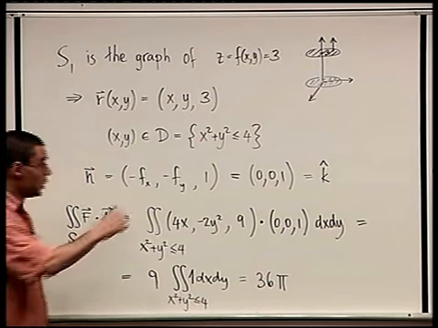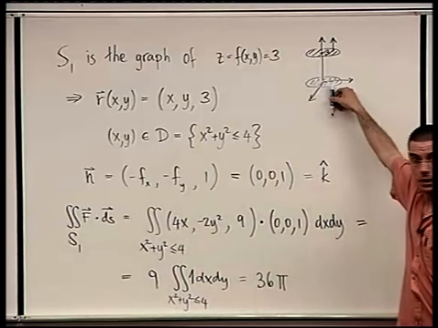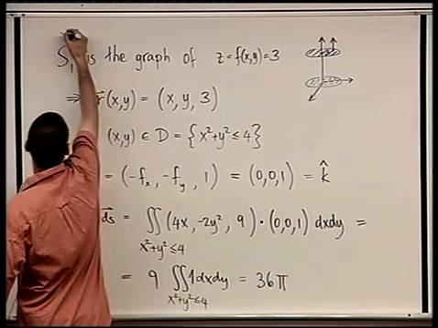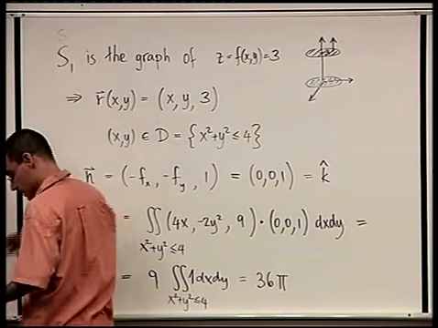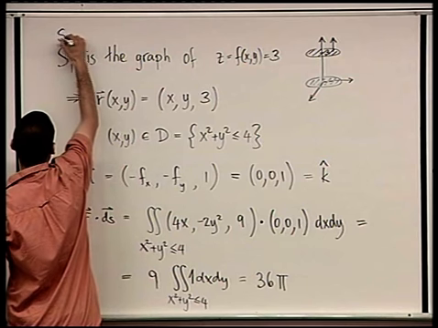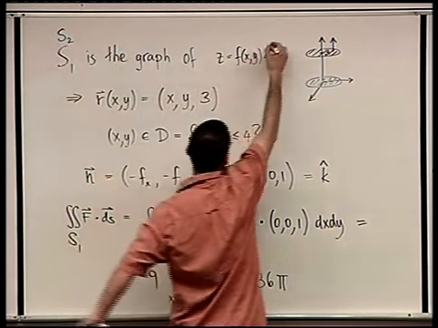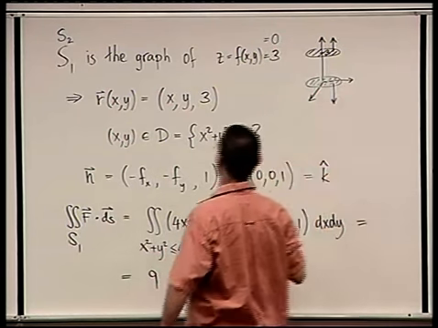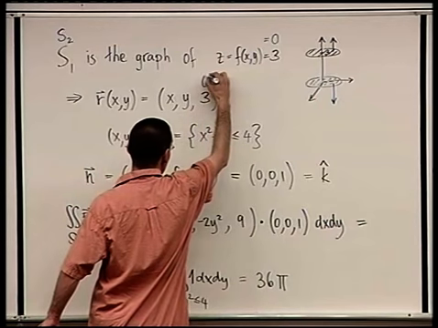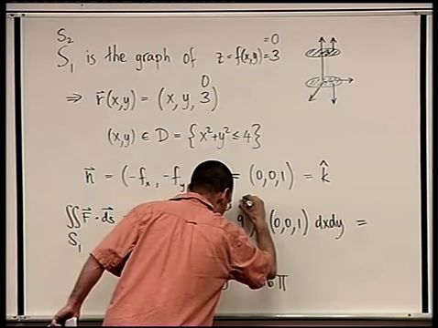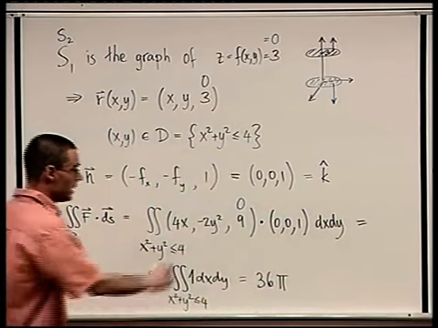And one more thing: the normal we chose pointing downwards. S2 is the graph of z equals f(x,y) equals 0. The normal was pointing this way. Everything is the same, except here we're going to have 0, and here we're going to have minus 1.